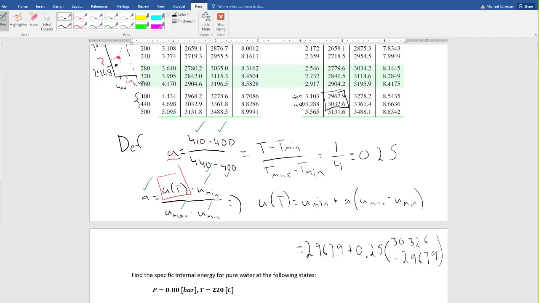I'll open this back up just to see what the number is, because I don't have my calculator here. You can work through this if you like, but the number that I got here, u of 410 at a pressure of 1 bar is approximately equal to, because here we're assuming that it's linear between these 2 points, 2984.1 kilojoules per kilogram.